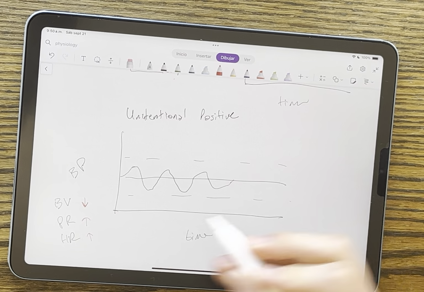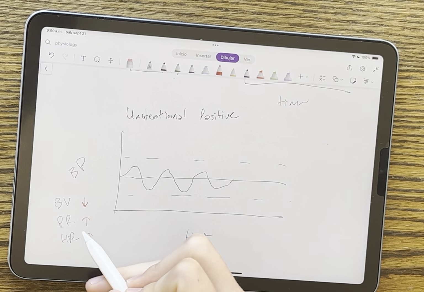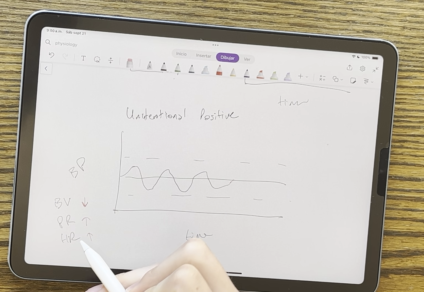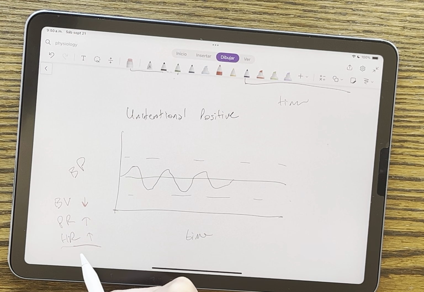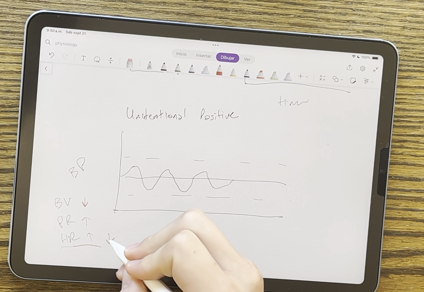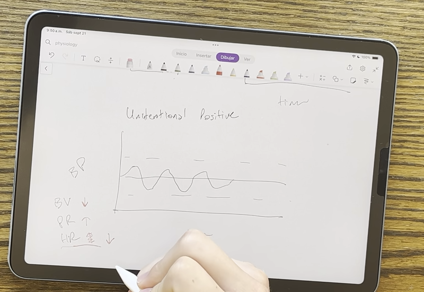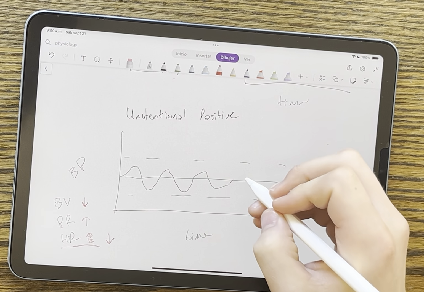But what happens sometimes is if this cut is so big, you're bleeding out a lot, eventually your heart pumps really fast, your heart rate's increasing, so that it pumps out more and more blood. Eventually the person doesn't have enough blood to keep their heart busy, so their heart rate starts to decrease. And when their heart rate starts to decrease, blood pressure can't be maintained.